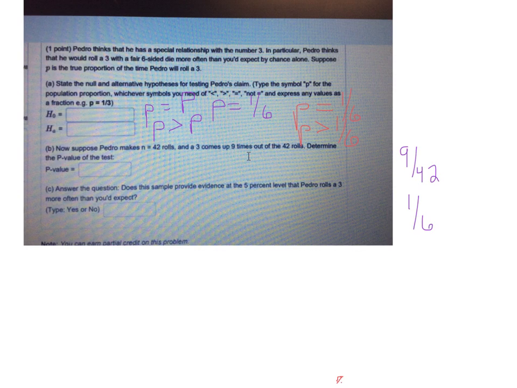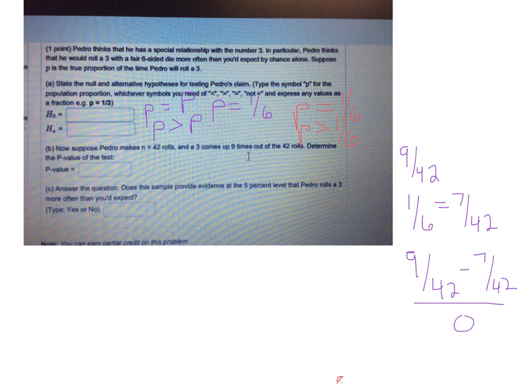So if it was 42 rolls, we would expect it to be 7 in 42, right? And so they're asking us to determine the p-value of the test, which means that we need to compare those two by subtracting them. He's actually getting 9 out of 42, and we should get 7 out of 42.